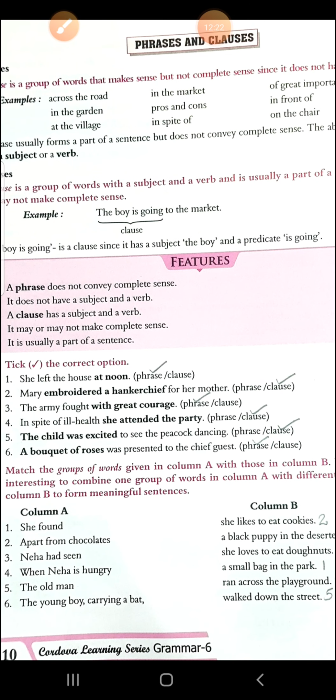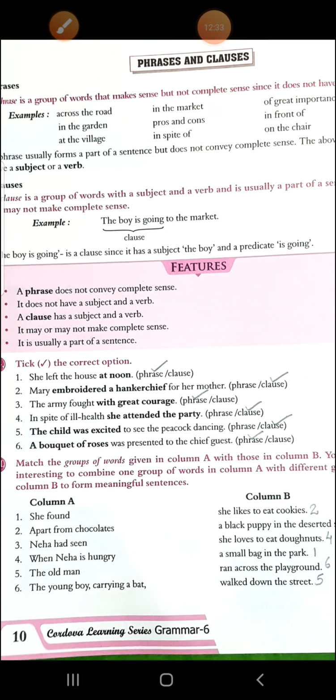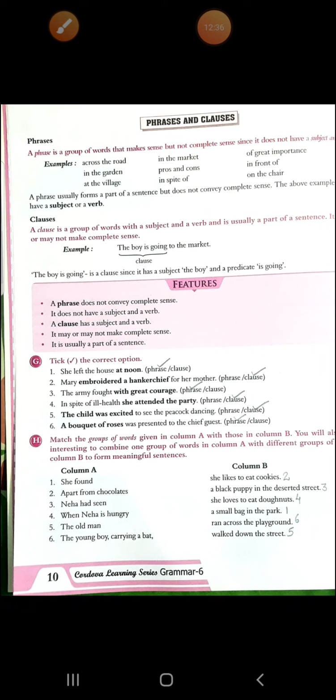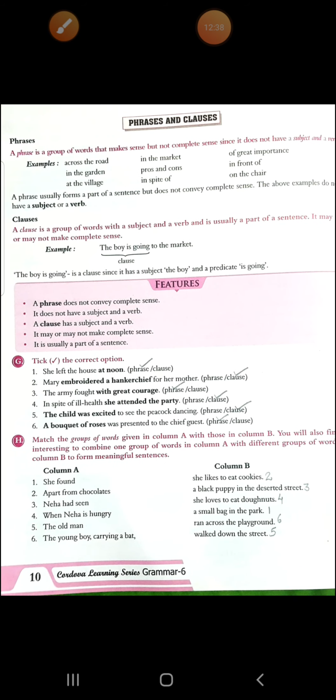For each one there are two options given in column B, and according to your wish you can mark any of those. Alright, so this finishes this chapter. Read phrases and clauses again, and don't forget that if you have to find out whether it is a phrase or a clause, you just have to see whether there is a verb or subject.